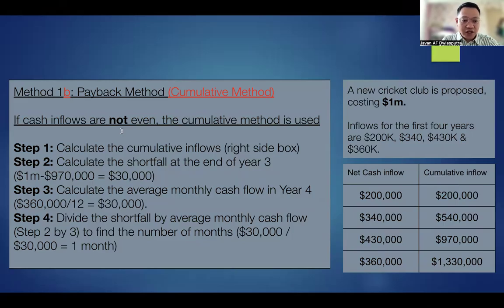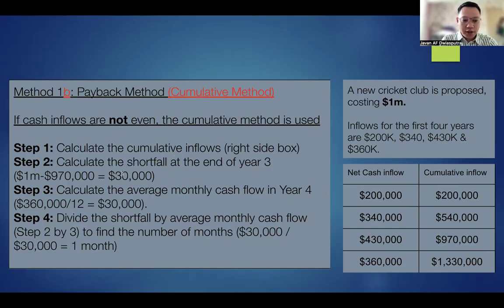The expected cash inflows over the first 4 years are: $200,000 in the first year, $340,000 in the second year, $430,000 in the third year, and $360,000 in the fourth year. We now add the cash inflows year by year to find the cumulative total.